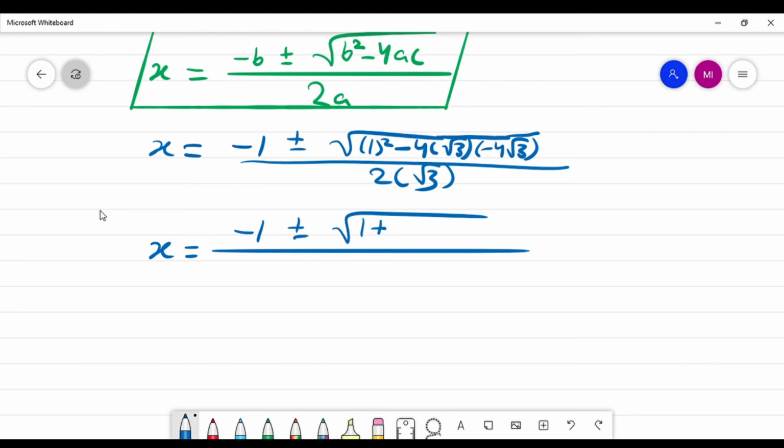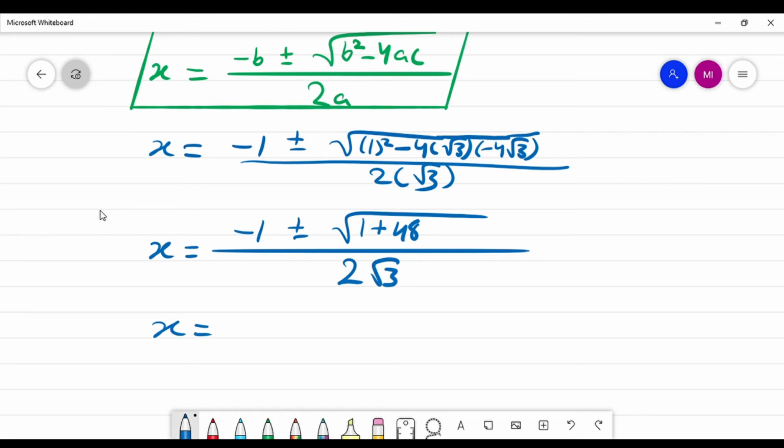So we can also say that this is now negative 4 under root 3 into negative 4 under root 3 is negative 4 under root 3 squared. And if we square them both, negative 4 squared is 16, and under root 3 squared is 3. So we get 16 into 3, which is 48. So we can just write straight 48 here, divided by 2 under root 3.